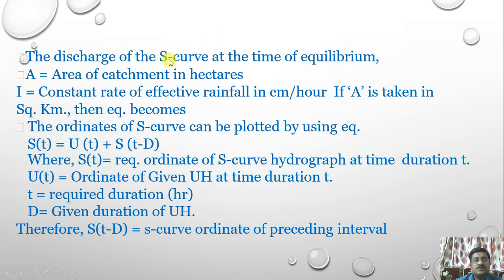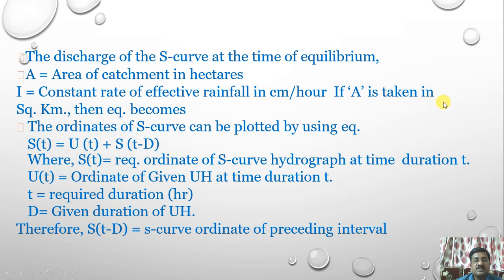The discharge of the S curve at the time of equilibrium, where A is equal to the area of the catchment in hectares, and I is the constant rate of effective rainfall in centimeter per hour.